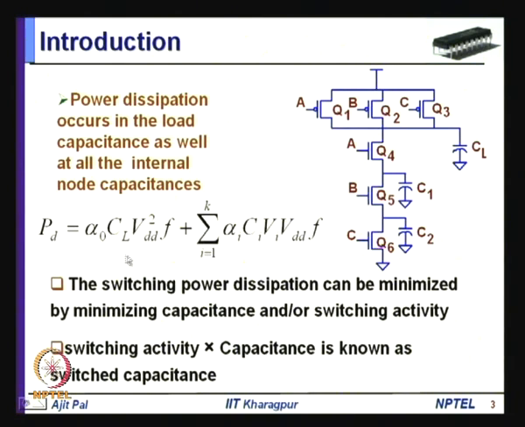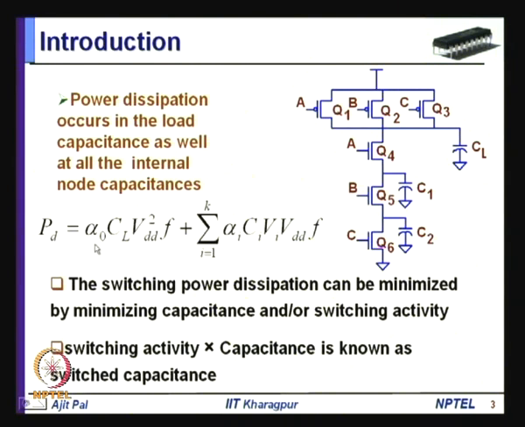Of course, you can minimize power dissipation by scaling down the supply voltage, which we have already discussed, but another technique is to reduce the power dissipation by reducing the switched capacitance. By switched capacitance, I mean the product of switching activity and capacitance.